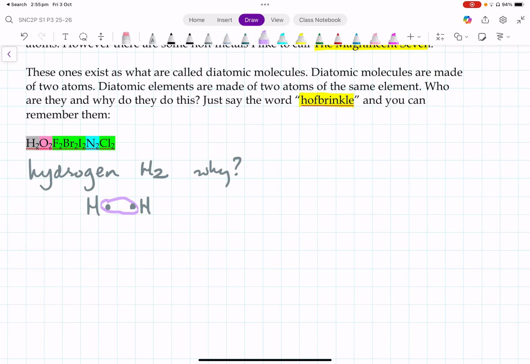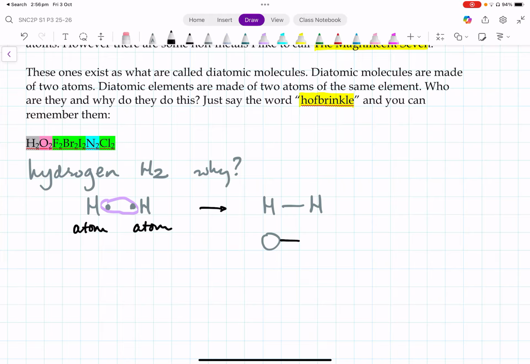So we're showing the Lewis structure here of the atoms, and then the final Lewis structure of the molecules. And we represent a shared pair of electrons with a dash. Very simple.